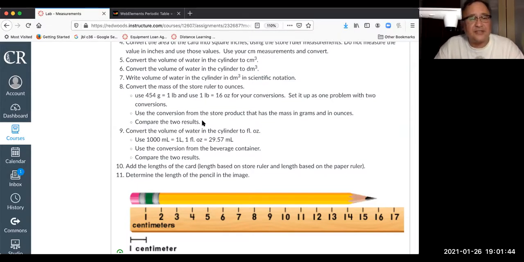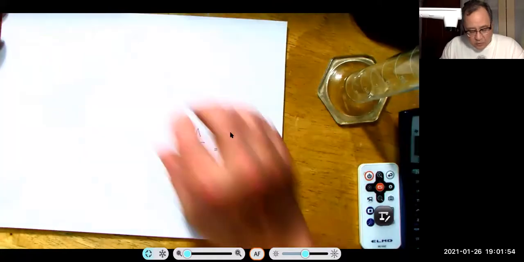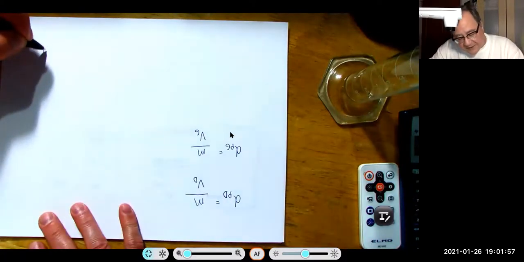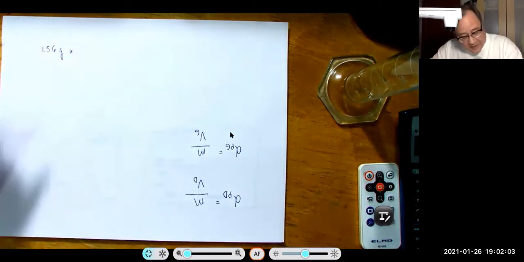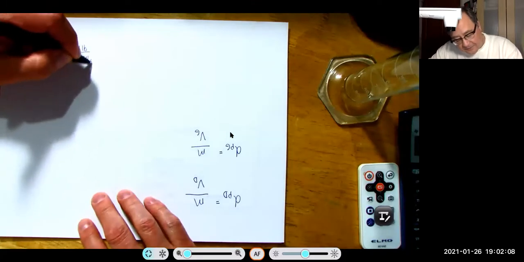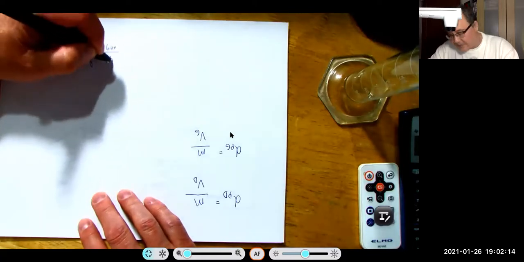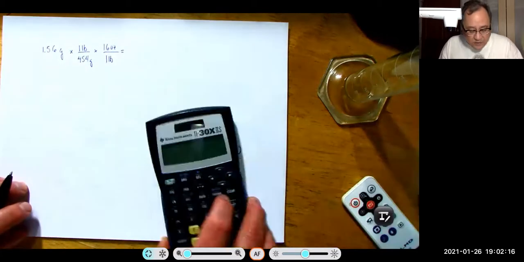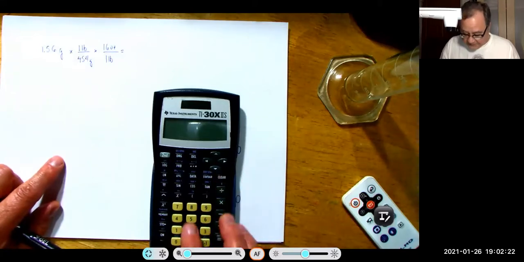So let's take a look at an example, okay? So I'm going to change my share screen. So let's say the ruler weighs 1.56 grams. And we're going to convert this into ounces. So that would be 1 pound, 454 grams. And then 16 ounces and 1 pound. And if we work this out, let's see what we get. 1.56.